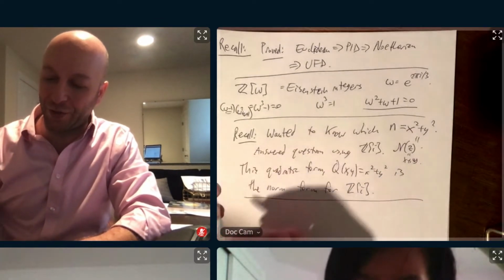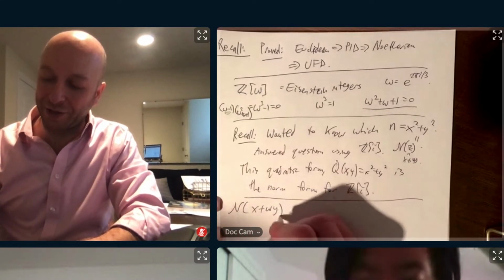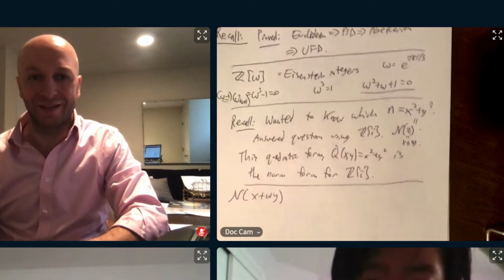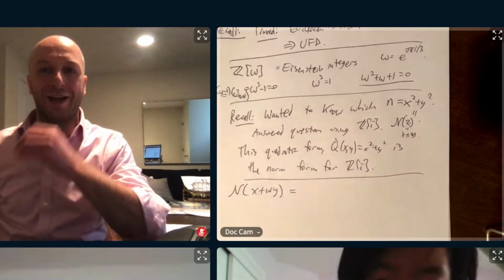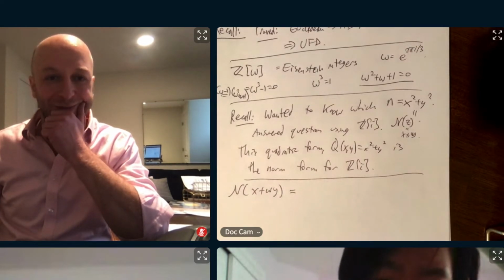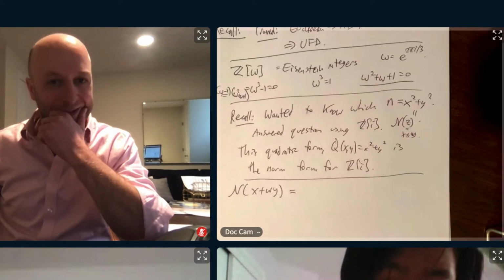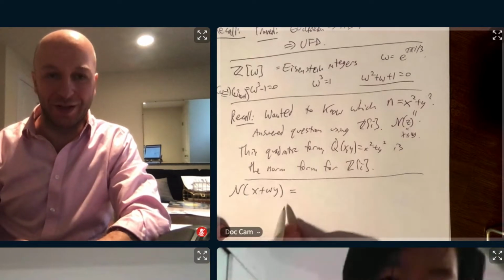So what is the norm form for an Eisenstein integer? You can type it in the chat if you remember. Yep. Does everybody remember that? We proved this a little while ago.